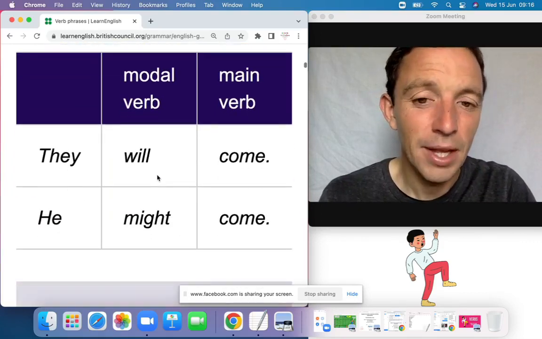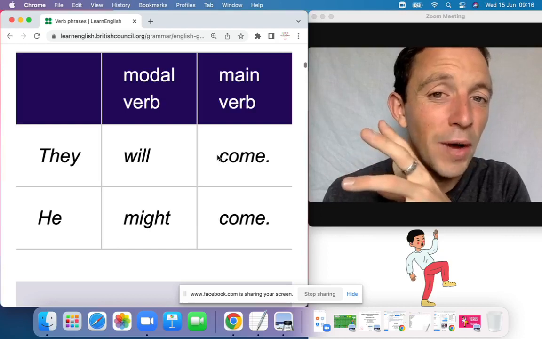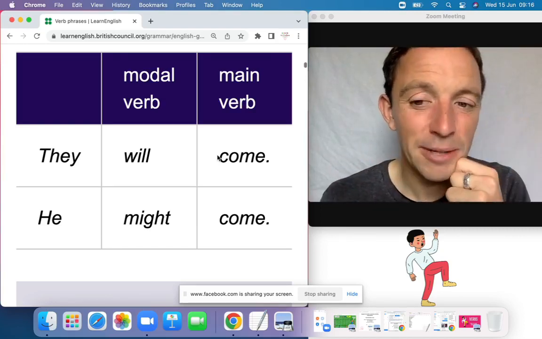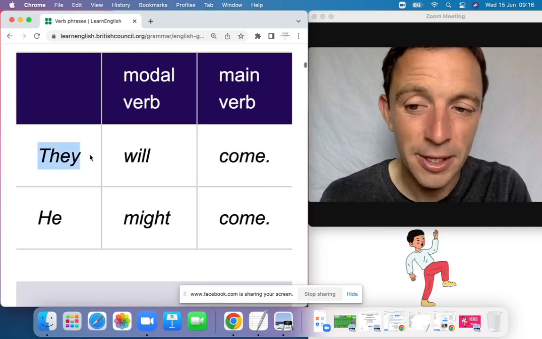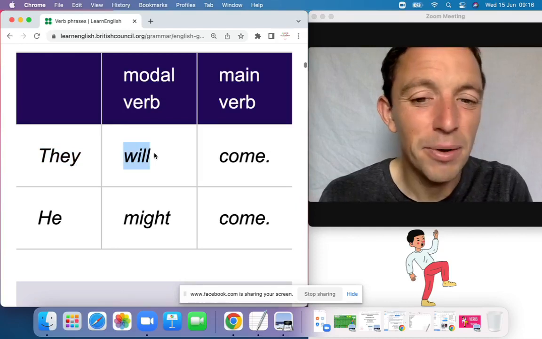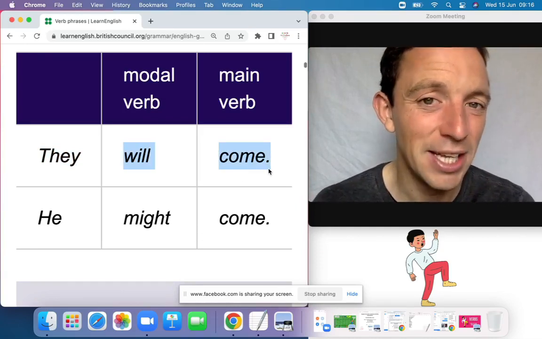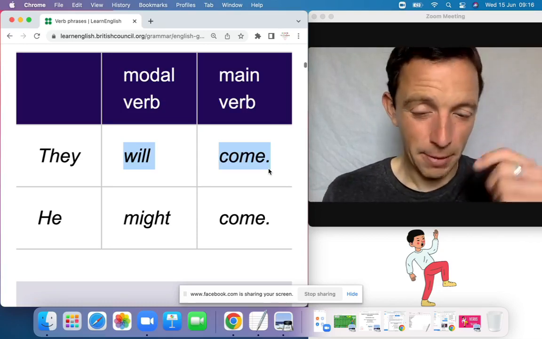And with the main verb, we always remove to after the modal. So they will come: they is the subject, will is the modal verb, or really it's possible the future simple as well. We normally call this the future simple.